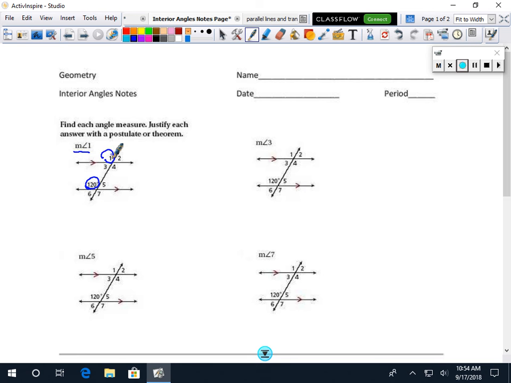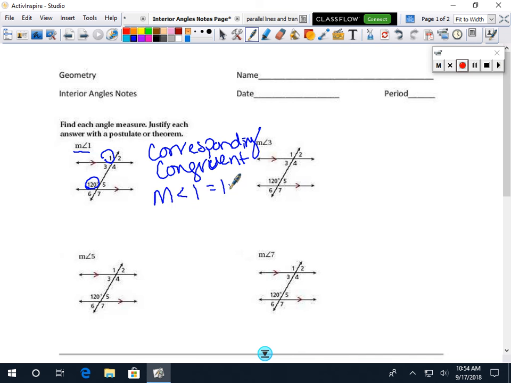Well, the relationship between angle 1 and 120 degrees is that these angles are corresponding. And hopefully from Friday we remember that corresponding angles are congruent. Since they are congruent, I know that the measure of angle 1 would be 120 degrees.